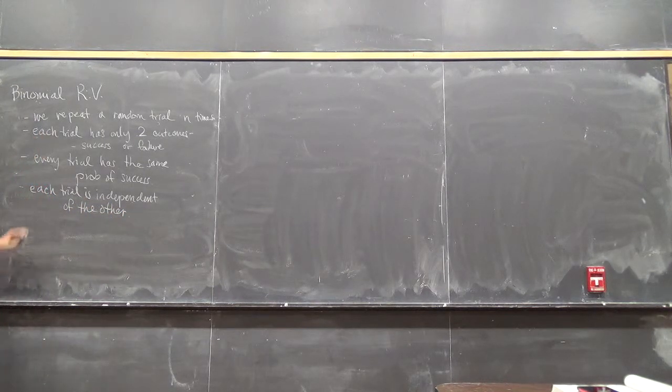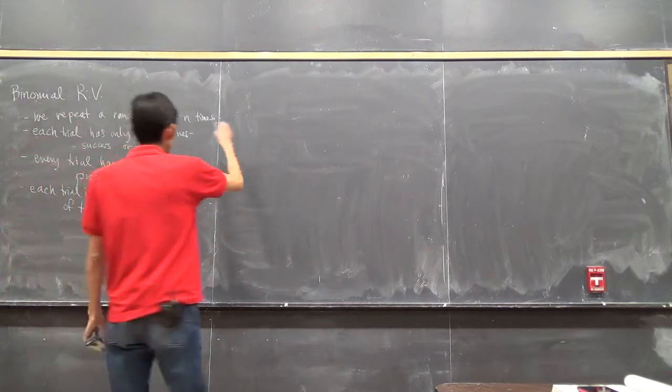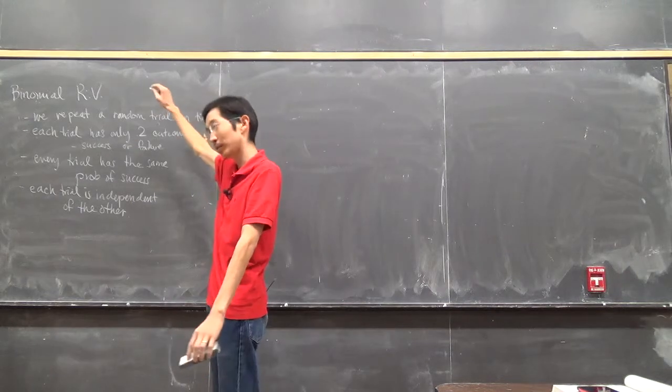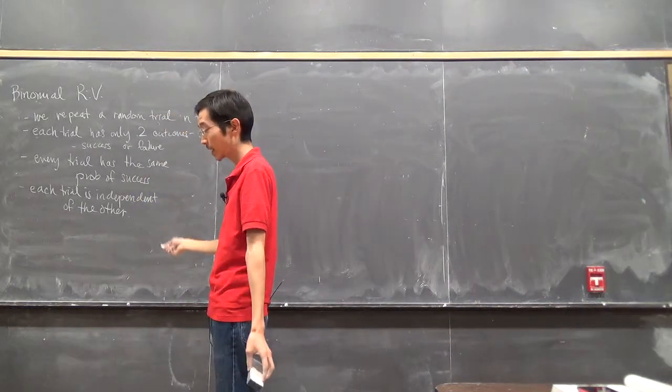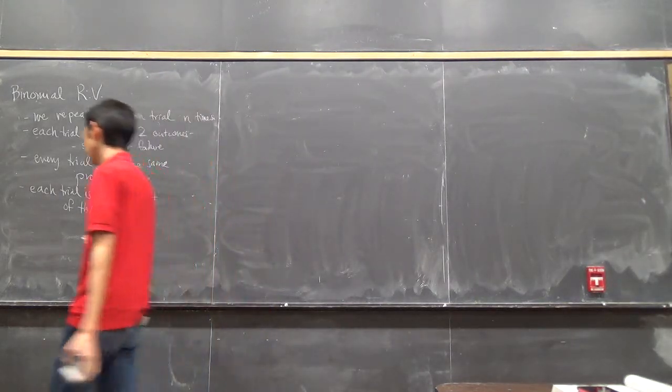Okay. So these are the conditions that must be true for a binomial random variable. Okay. So situations that fit a binomial random variable. Okay. Oh, I'm sorry. So these are the conditions, and the random variable itself. Okay.